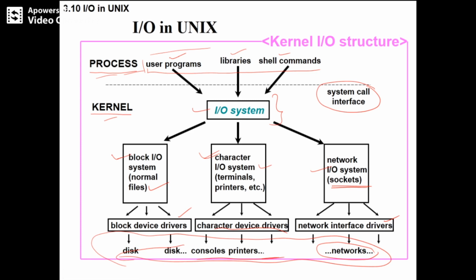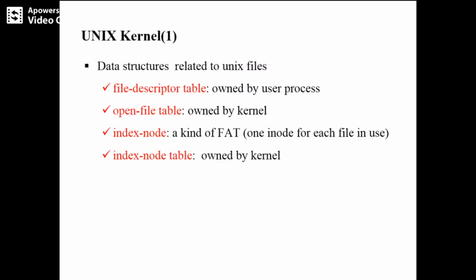This is about the IO in Unix, and let us see Unix in kernel. The data structures related to Unix files are four different tables: the file descriptor table, the open file table, the index node, and the index node table.